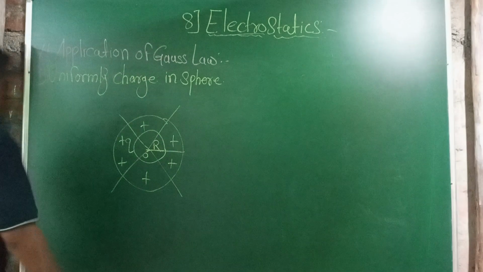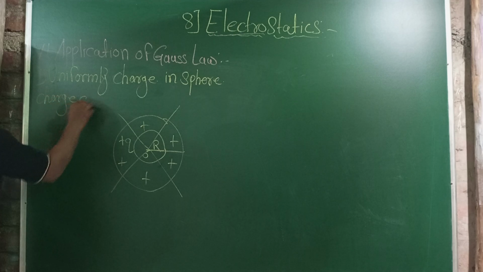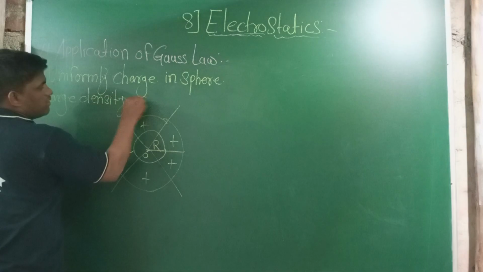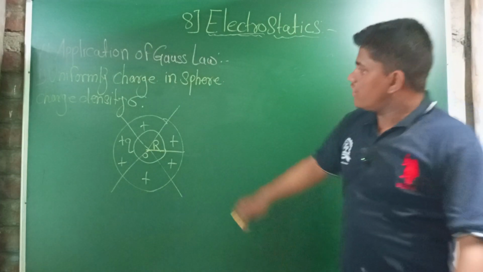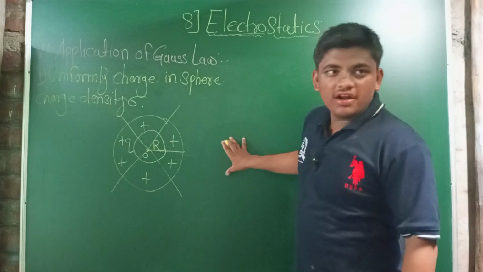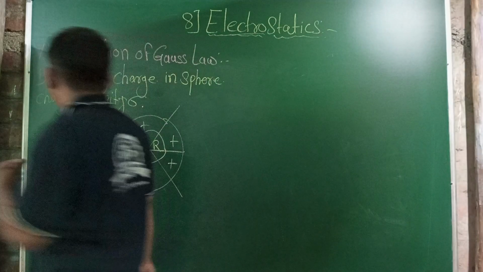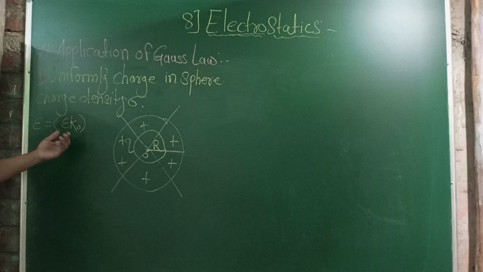The charge density of the uniformly charged sphere is sigma, and the permittivity of the dielectric medium is K0, the constant of permittivity.